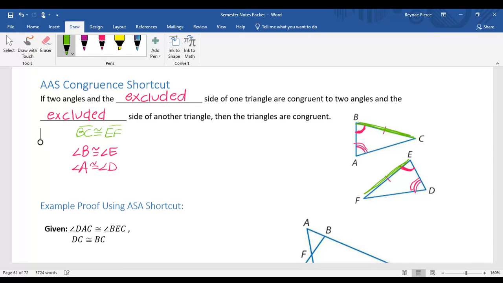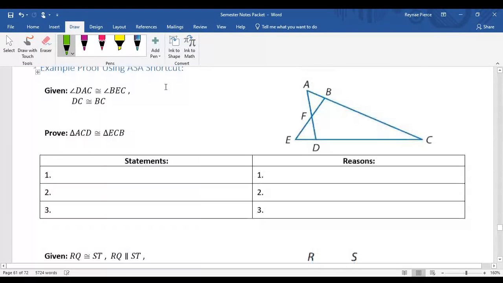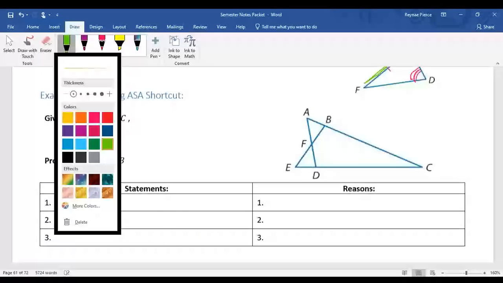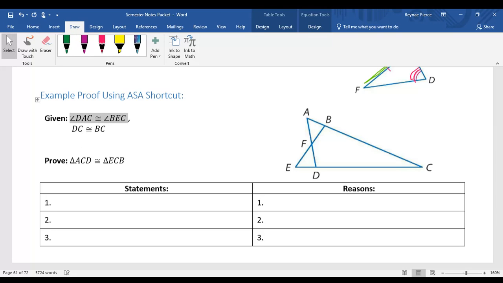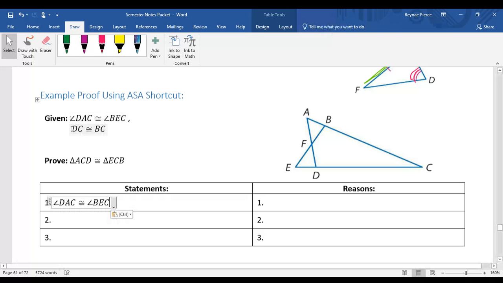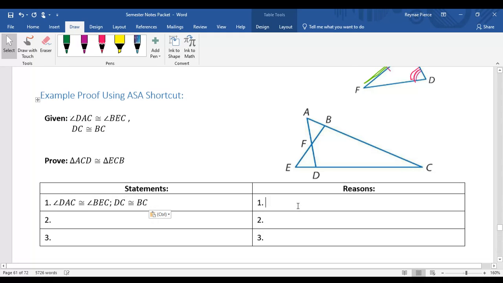Okay, so now we're going to prove some triangles congruent using angle, side, angle. All right. First here in my given information, remember this given information is word for word or symbol for symbol. Goes into that first statements box. Okay.